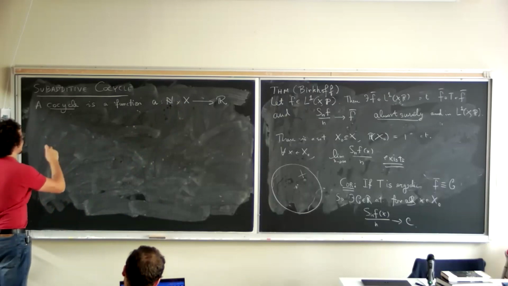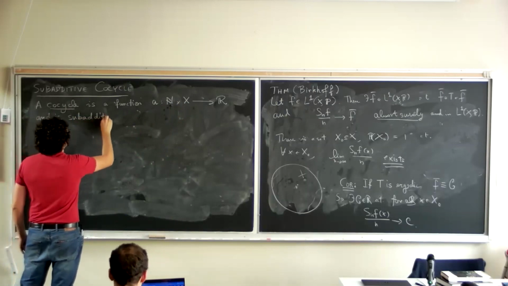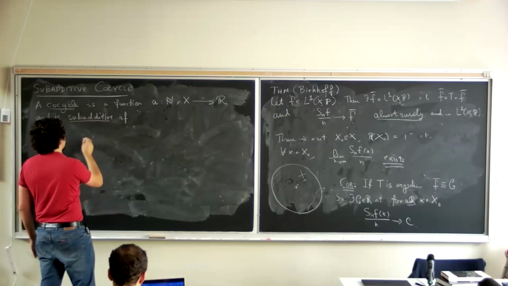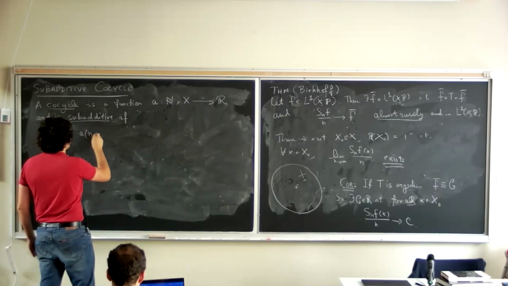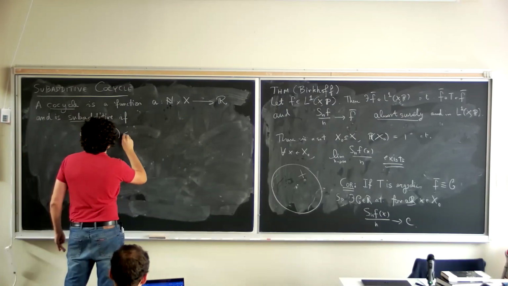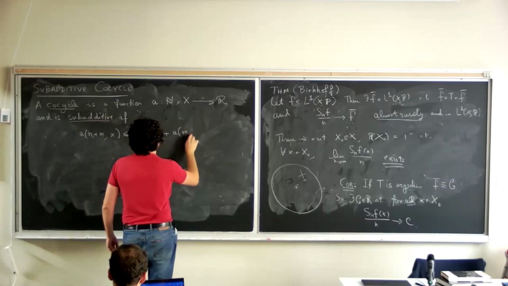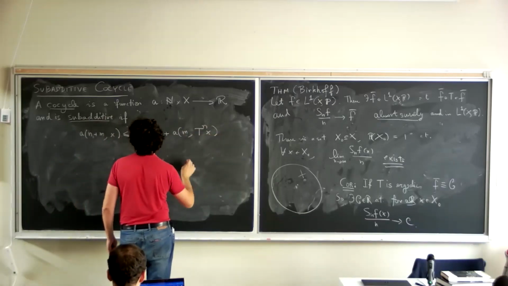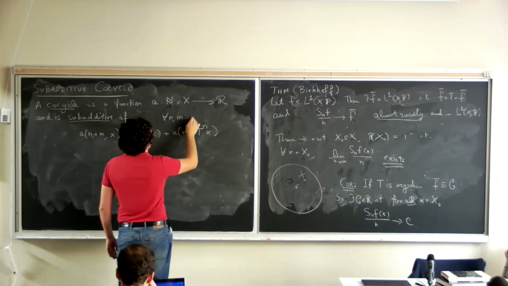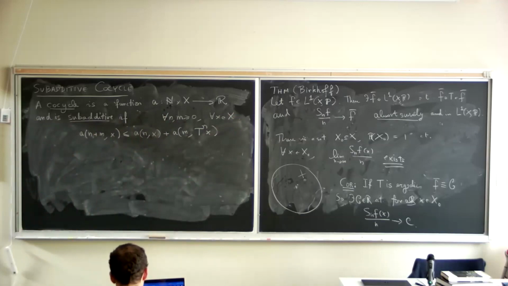Okay. And it's a subadditive cocycle if the following is true: if you do A at the time n plus m, starting at the point x, this is less or equal than A_n(x) plus A_m(T^n x), for every n and m greater than or equal to 0, and for every x in X. So what is the subadditivity property?